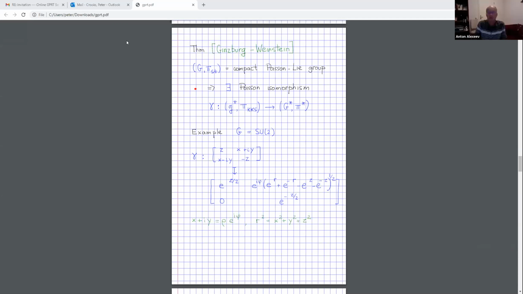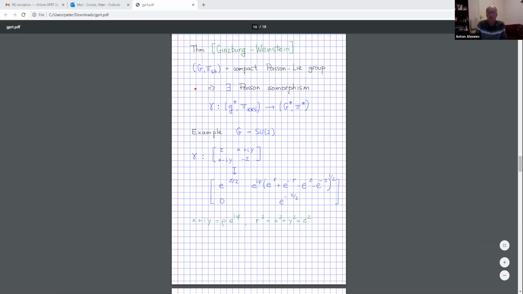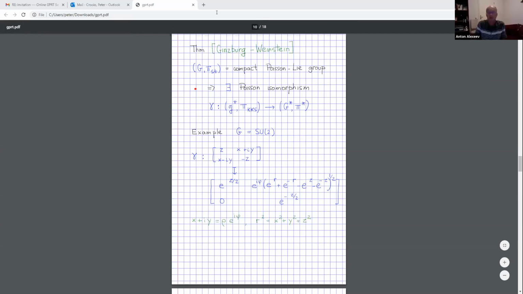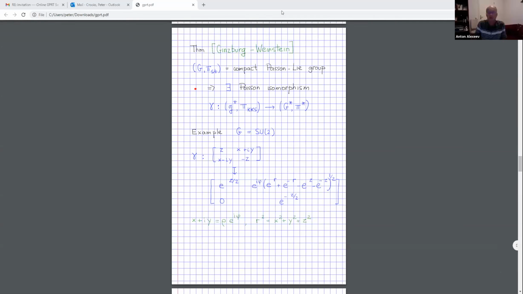In principle, we would be interested to know how this isomorphism looks. Basically, the explicit formula is only known in one example, G equal to SU(2). In this example, that's the somewhat cumbersome but explicit formula that you see on the rest of the page.